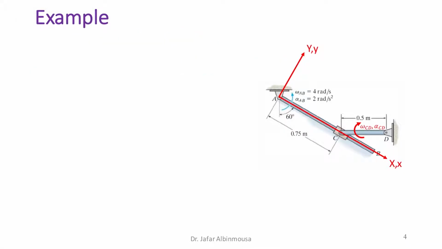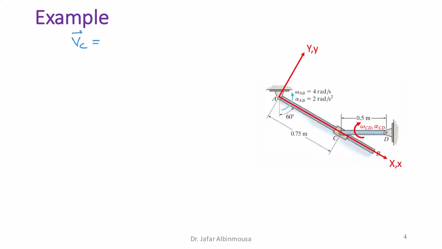Now, if we consider link CD, then this link has a motion which is only rotation about a fixed axis. And for that, the equations can be written as follows.